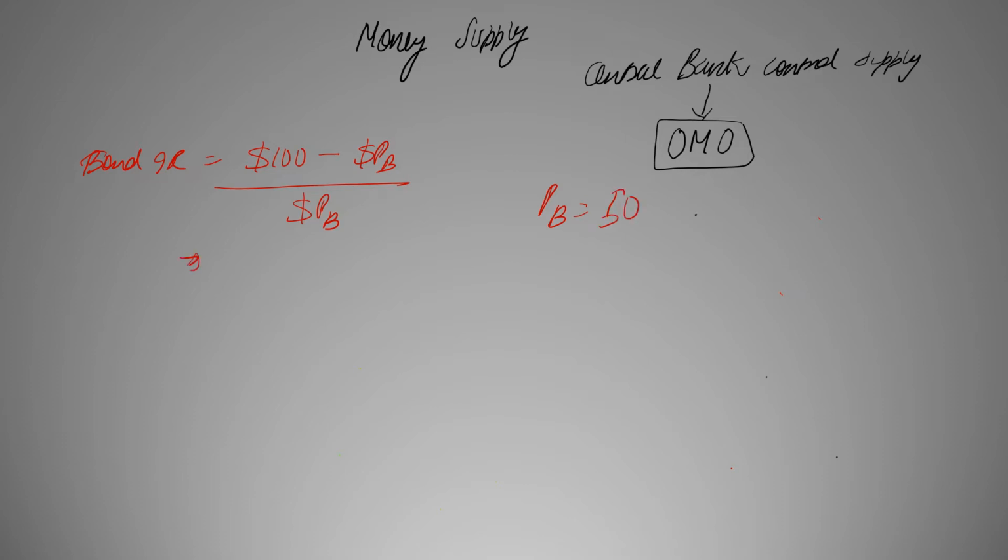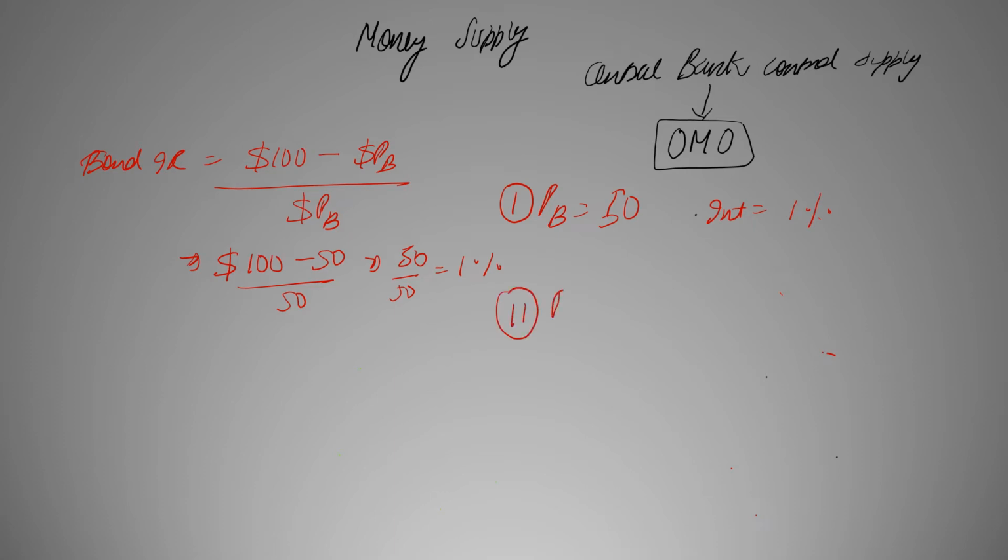So this is case 1 where PB is 50. So 100 minus 50 divided by 50 gives us 50 by 50, which is 1, or 100%. So when the price for the bond was 50 rupees, the interest rate was 1.